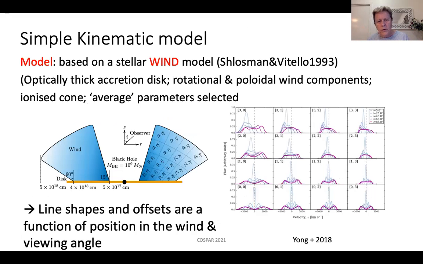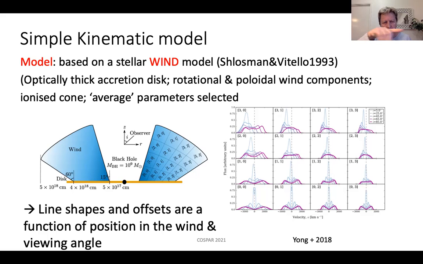So the work that I've been doing with Suki Yong started from a slightly different direction, where we looked at a very simple model of the wind, which was based on a stellar wind model from Schlossman and Vitello, and this basically modeled the wind with a rotational and a poloidal wind component.